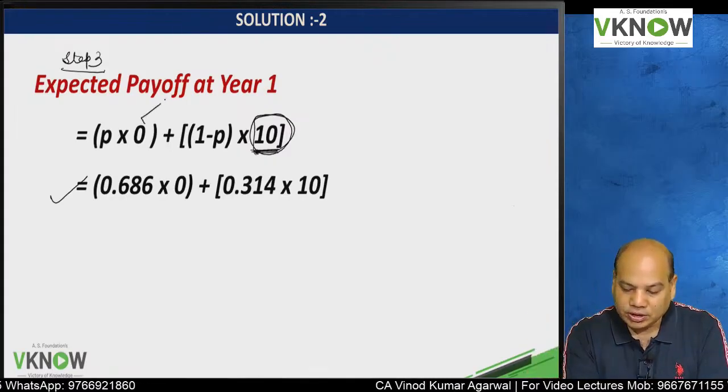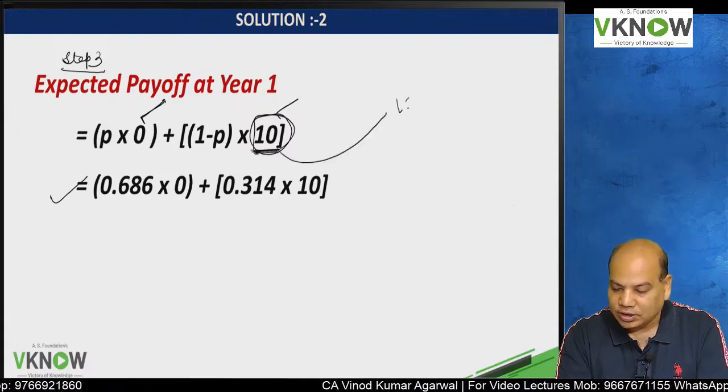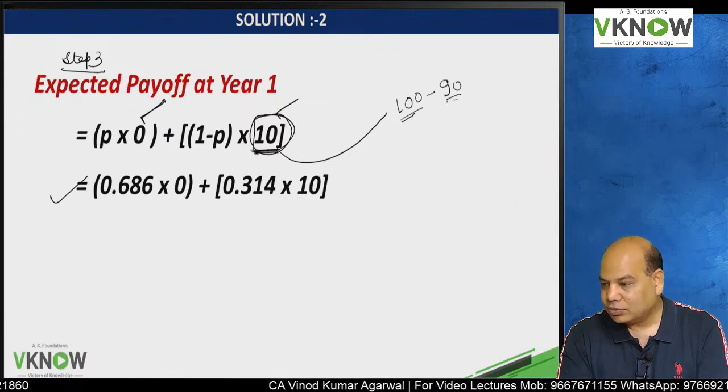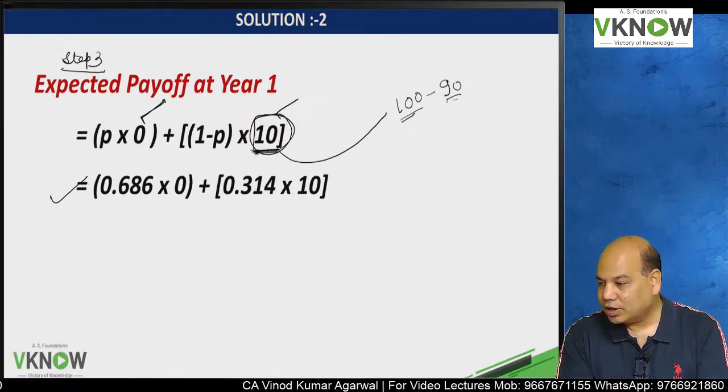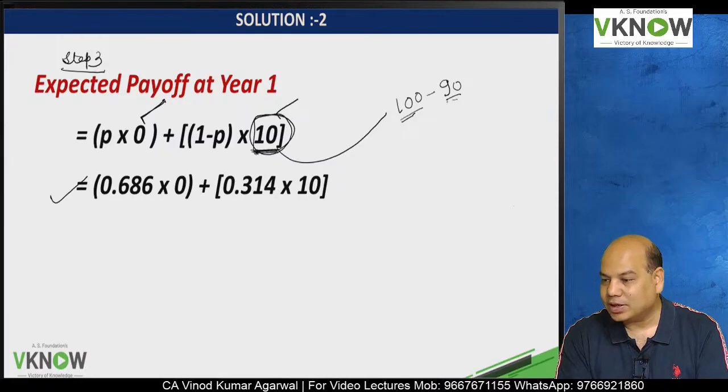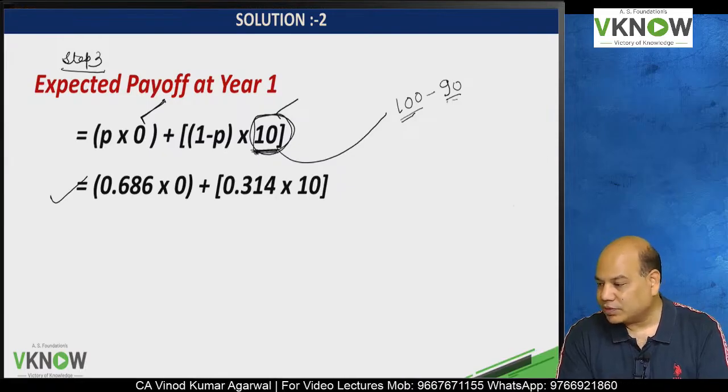So put can either assume 0 value or 10. This 10 has taken into account 100 minus 90. So this is how derivative option model will work. First you will have to check what is the value of option on expiry and then compute the present value.